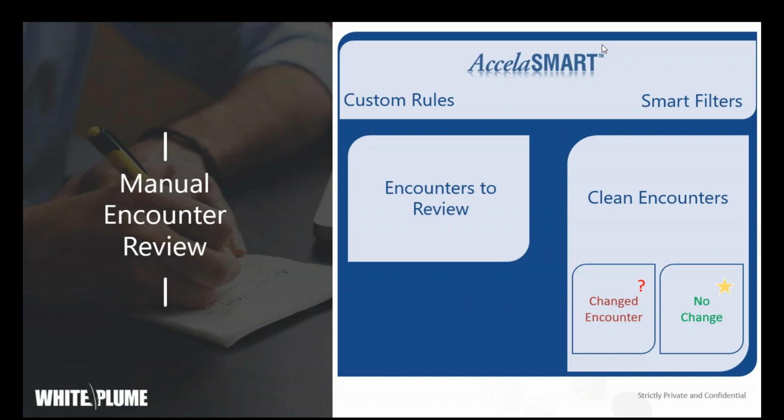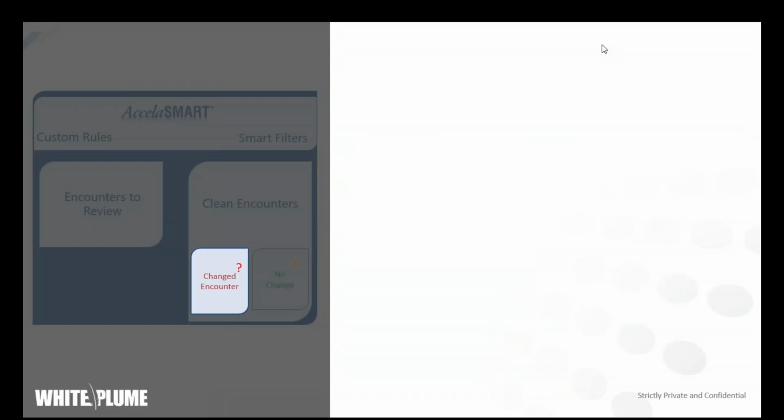Because you know what? I need to be able to leverage my tools, right? I need to be able to leverage that so that we can take our excellent coding and billing staff and make sure that they're operating at the top of their capabilities. So what I want to do is look at what changes we are making to those clean encounters, right? Where's that manual encounter review happening?